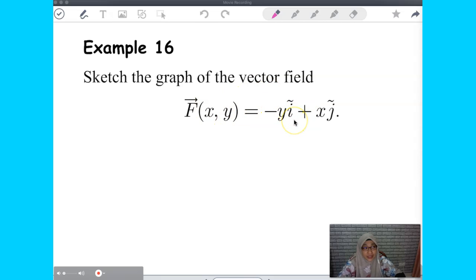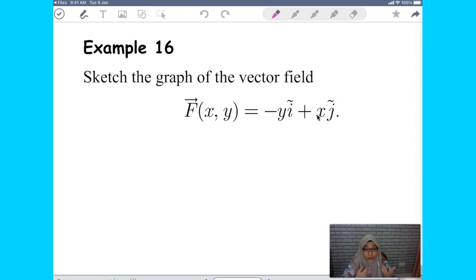If you assume that you have the x component equal to minus y and the y component equal to x, then you are stuck trying to sketch the graph of this vector valued function.